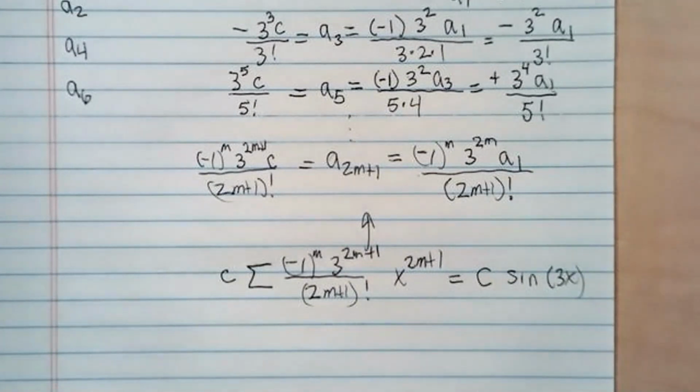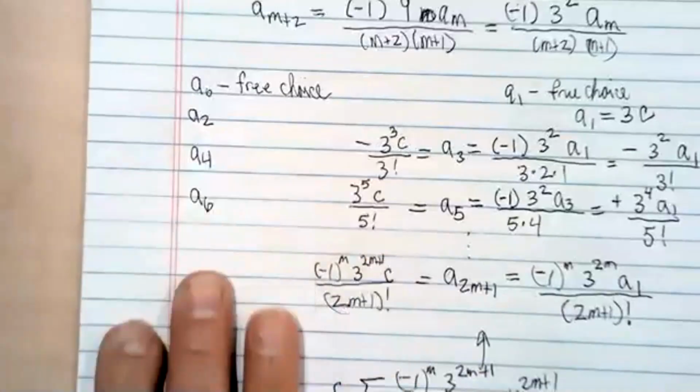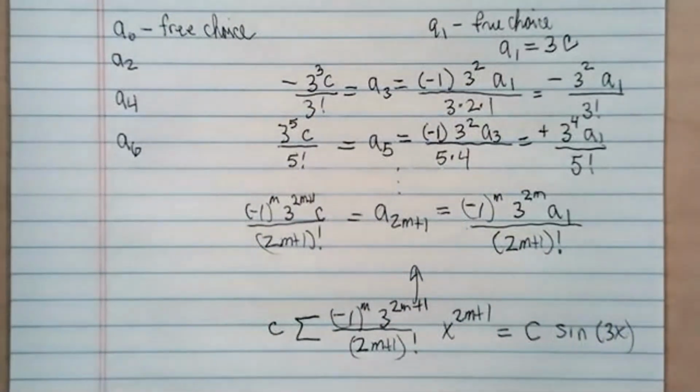Does that get us down the road a ways? Yeah, that makes a lot more sense. Okay, so now you have to do a similar thing for the even subscripted terms, and then you just make a note and say, oh, behold, this separates into two series. One is a cosine, the other one is the sine.